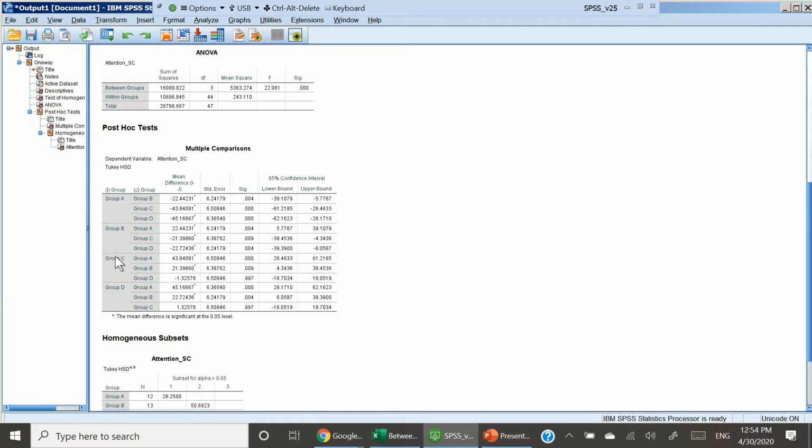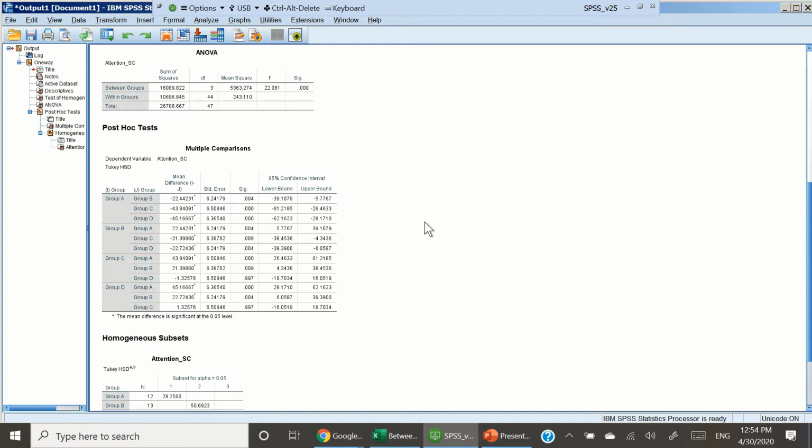Now over here, what you're seeing is the multiple comparisons. This is looking at group A versus group B, group A versus group C, group A versus group D, and you can see that each one gives you the significance. Now let's see if our significance is exactly the same.